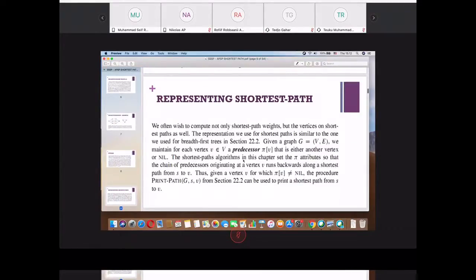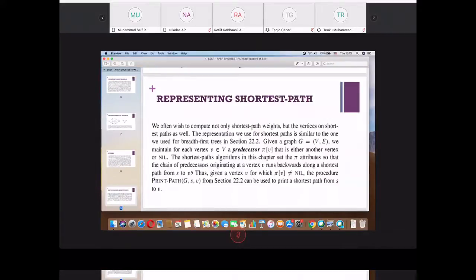Okay, the shortest path algorithms in this chapter set the pi attributes, so the chain of predecessors originating at a vertex v runs backward along a shortest path from S. Because we have a certain vertex S, the source, where we originate from S to a vertex v, for example, you can trace back from v until S, moving backward along this shortest path.